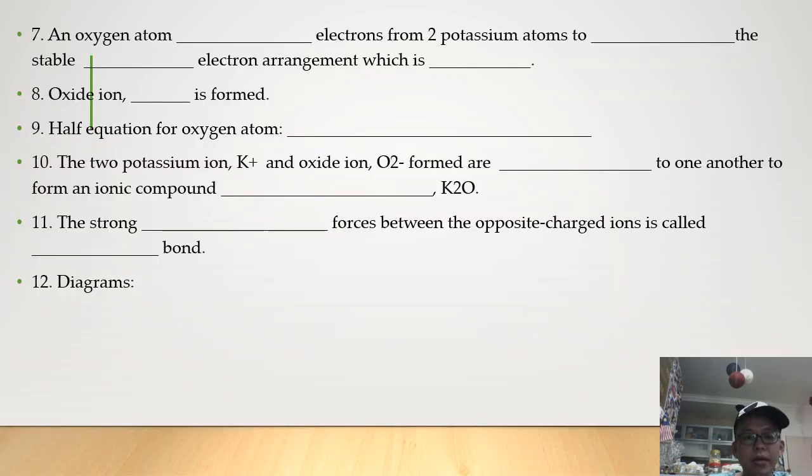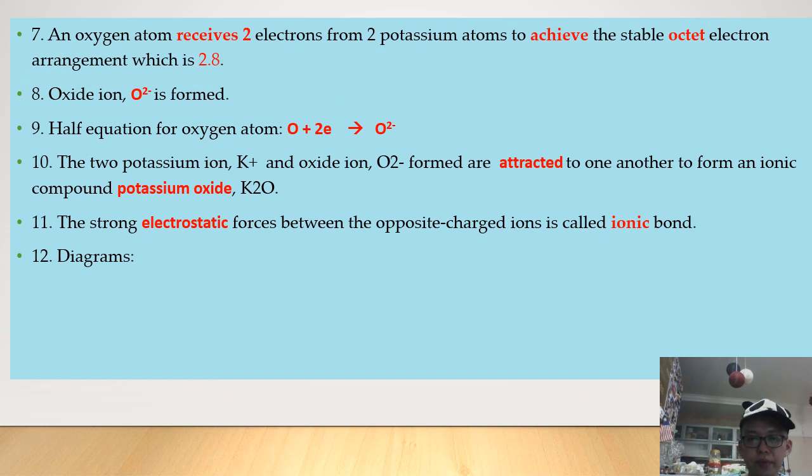Point 7, you can see an oxygen atom will receive the electrons from 2 potassium atoms to achieve the very stable octet electron arrangement, which is 2.8. So now you can see the oxide ion, O2 negative charge, is formed. The half equation, because you receive 2 electrons, you will form O2 negative.